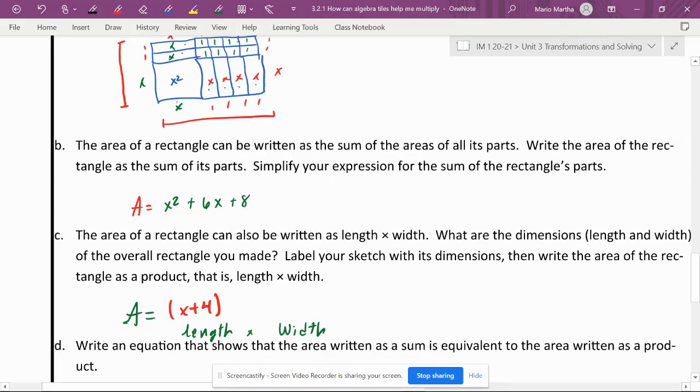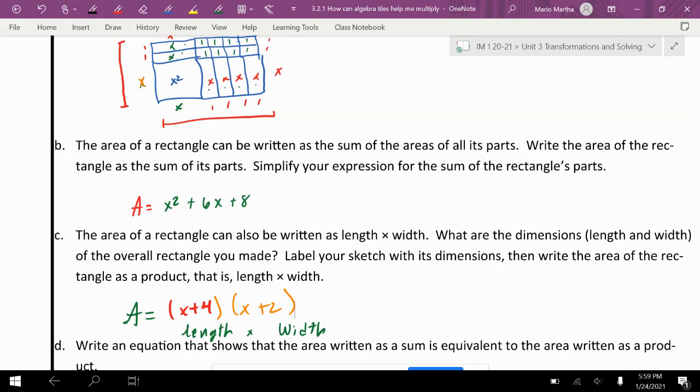And then on this side right here, we have x plus 2. So times, all right, we don't use the x there anymore, just parentheses is fine, x plus 2. And that would be pretty much the simplified version, right? We call this the factored version of that shape, all right?